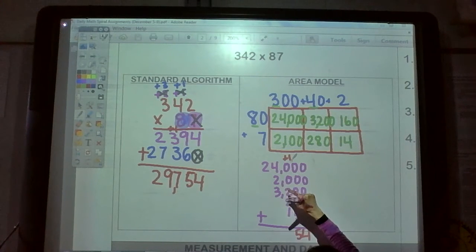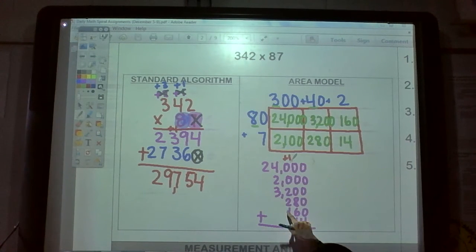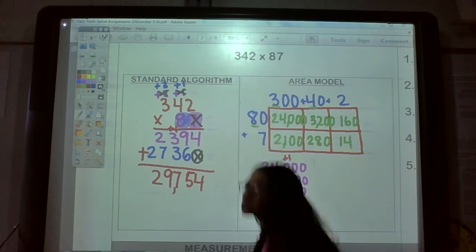Because look, you can do 2 and 2, that's 4, plus that 1 is 5. Plus 1 is 6. What? This is supposed to match up. What did I just do? No. 4 plus 2 is 6. Plus 3 is 9. And then the 2.